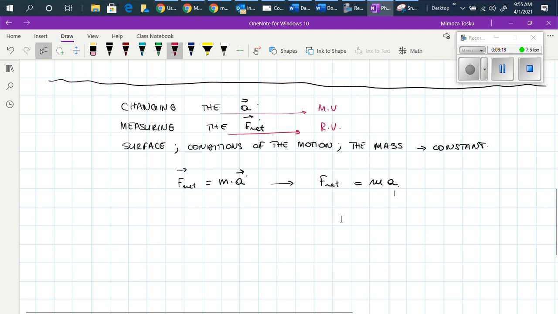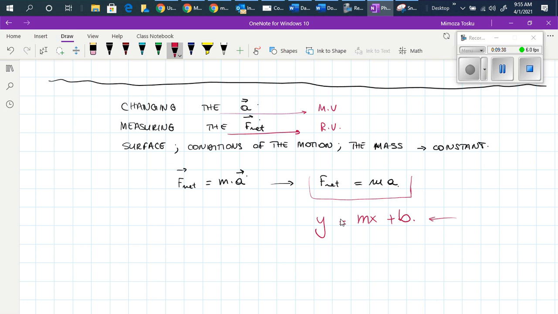Now, the key is to mirror this formula, which gives a solution to the experiment, with y equals mx plus b, which is the equation of the straight line. So what you are changing is going to be in the horizontal axis, and what you are measuring is going to be in your vertical axis.